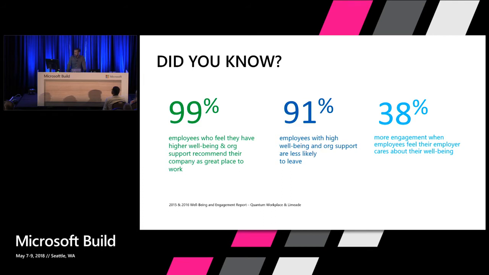These are some of the amazing statistics we saw in the data. 99% of employees who feel they have high well-being and organizational support recommend their company as a best place to work or a great place to work. 91% of employees that have high well-being and organizational support are less likely to leave, so turnover. And companies have 38% more engaged employees when employees feel their company cares about their well-being. So these are some pretty compelling stats.